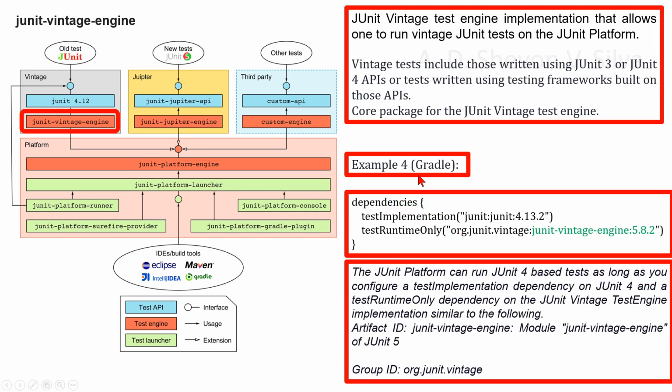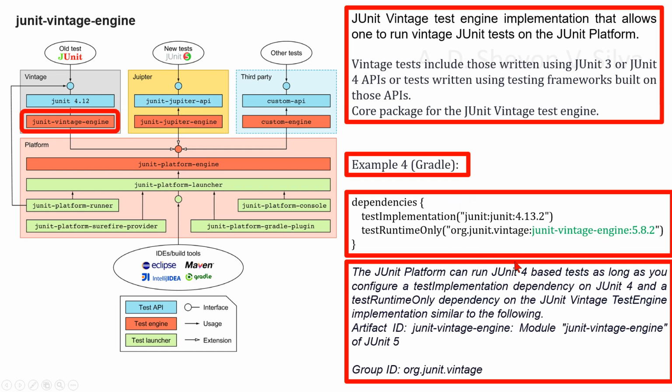As an example 4, we can consider this Gradle segment. The JUnit platform can run JUnit 4 based tests as long as you configure a testImplementation dependency on JUnit 4 and a testRuntimeOnly dependency on the JUnit Vintage test engine implementation, similar to the following.